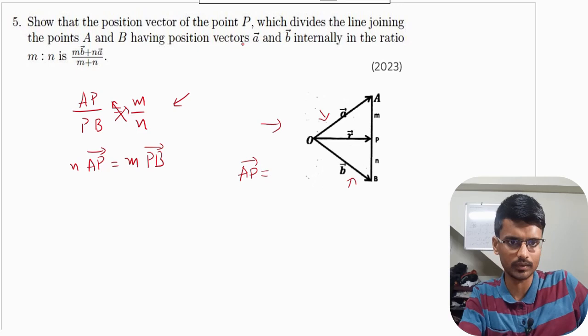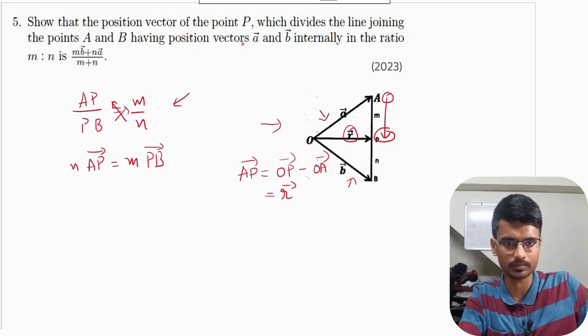Observe carefully, this is my AP. Where is my head? This is my head, this is my tail. Head minus tail: head is OP and my tail is A, so OP minus OA. OP is nothing but R and OA is A.